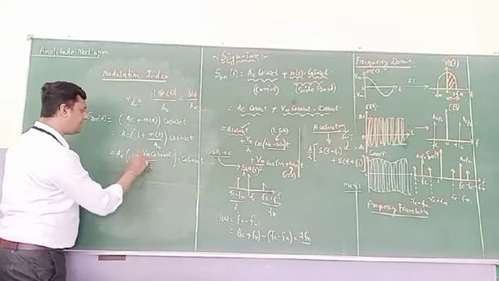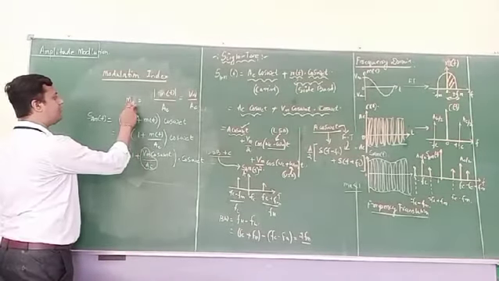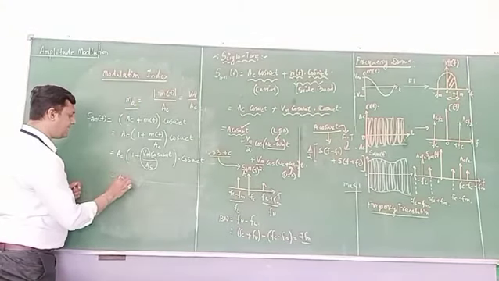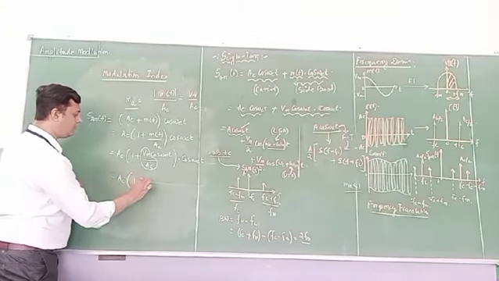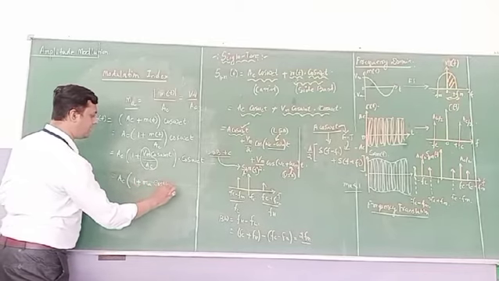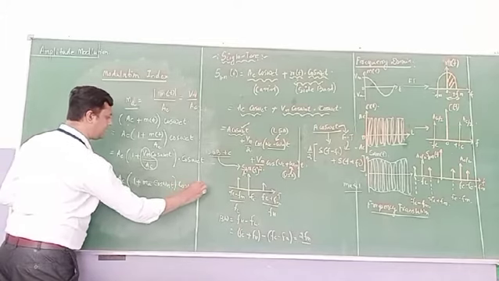Now what is this? Vm divided by Ac is nothing but the modulation index. So here I can write Ac into (1 plus Ma cos omega_m t) into cos omega_c t. Okay.